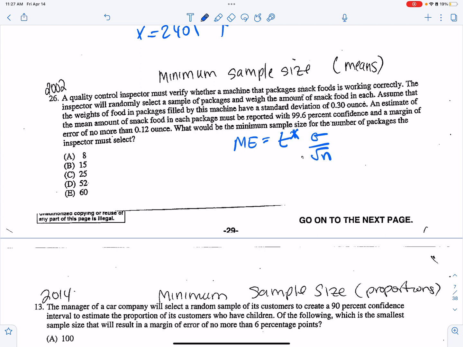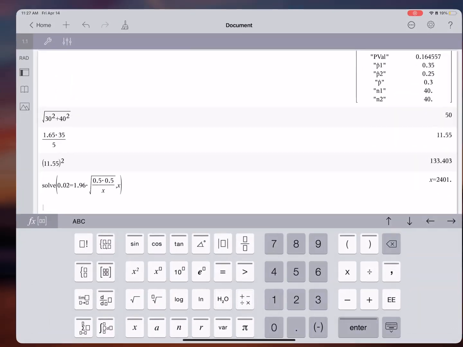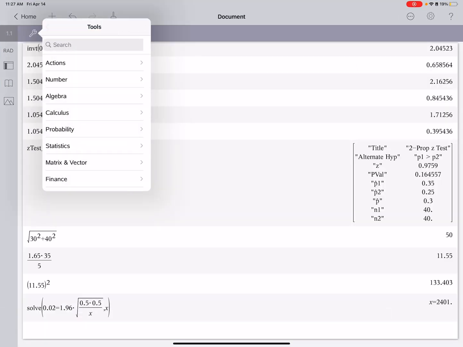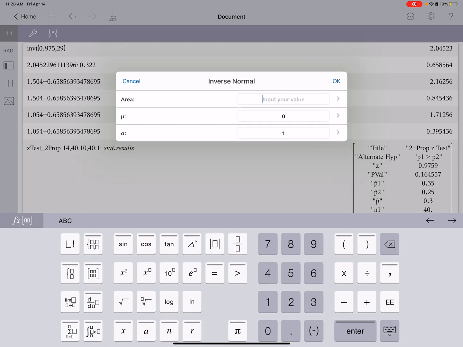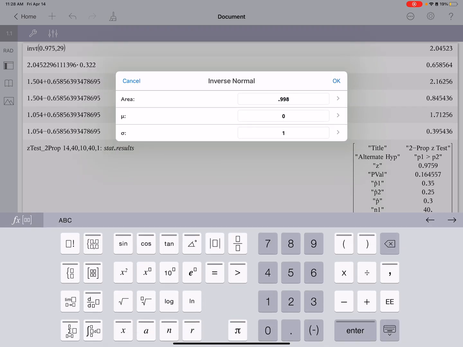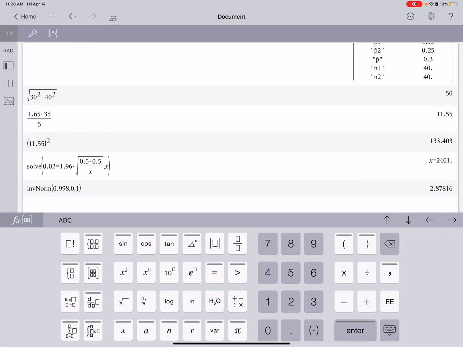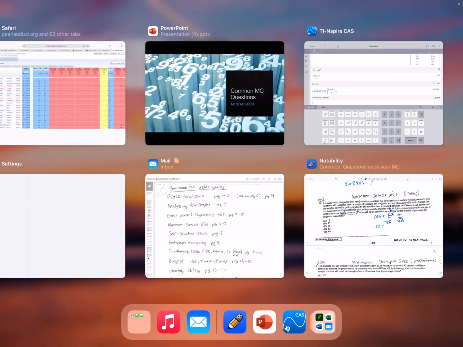And as I'm putting it in, no more than 12 ounces, 0.12, and I'm going to use z star. And it's 99.6%, so I'm going to have to do that one because I don't have that one by memory. So menu, stats, distributions, inverse norm, and it said 99.6, so I'm going to use 0.998 because you got to use that tail. And I end up getting 2.878.